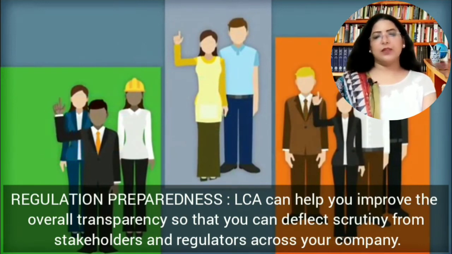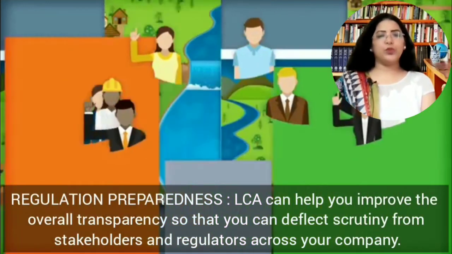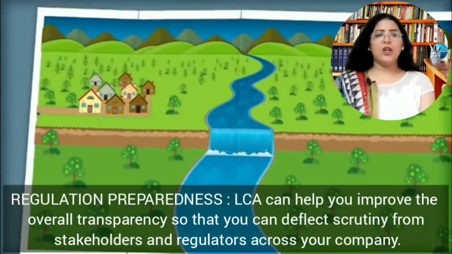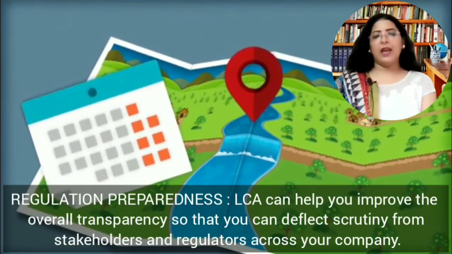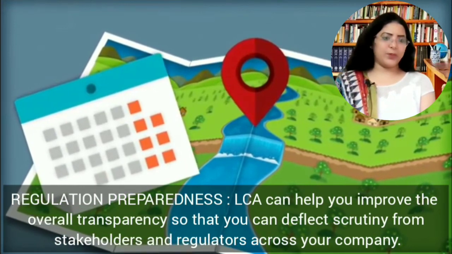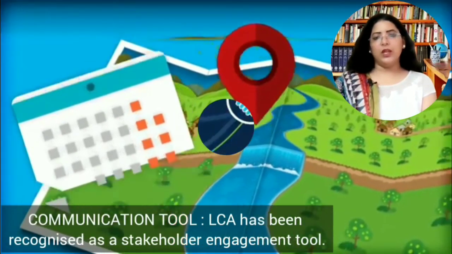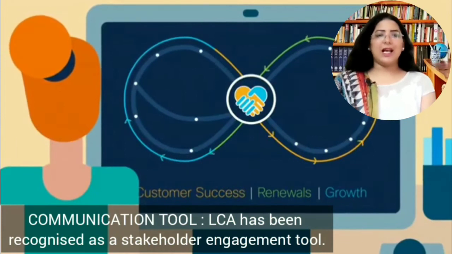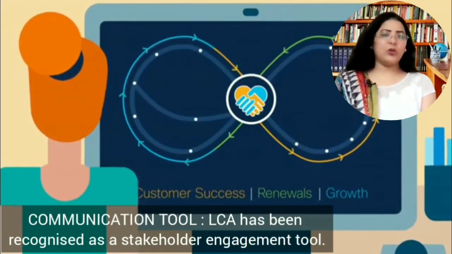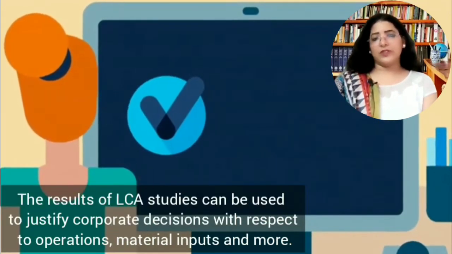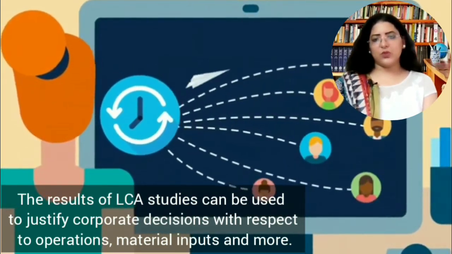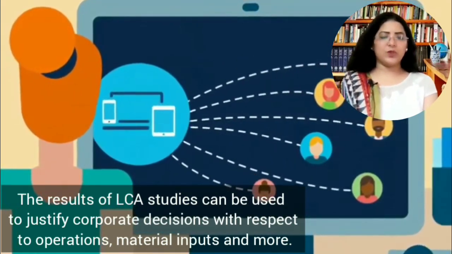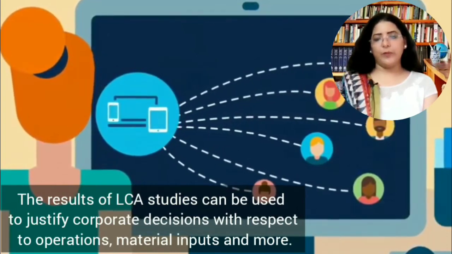Regulation preparedness. LCA can help you improve the overall transparency so that you can deflect scrutiny from the stakeholders and regulators across your company. Communication tool. Life cycle assessment has been recognized as a stakeholder engagement tool. The result of LCA studies can be used to justify corporate decisions with respect to operations, material inputs, and more.